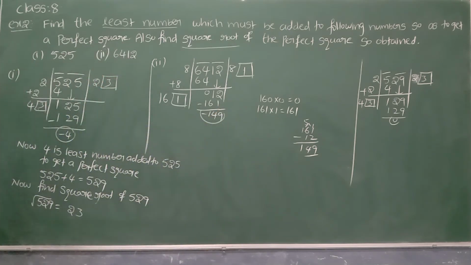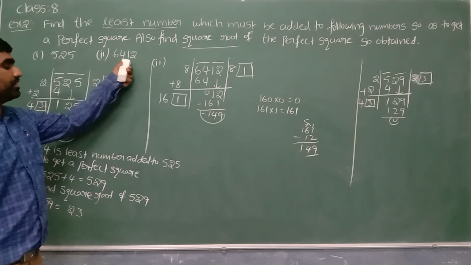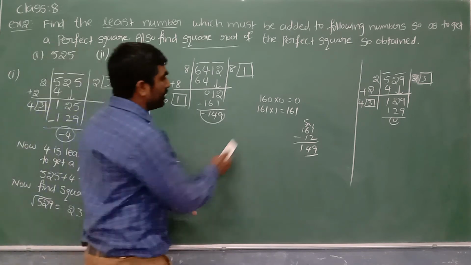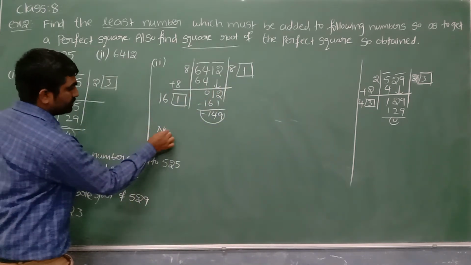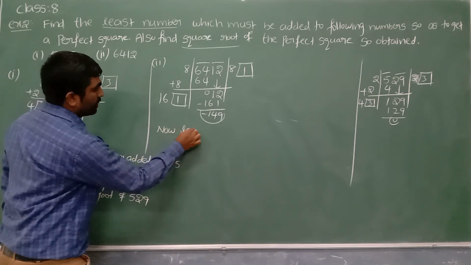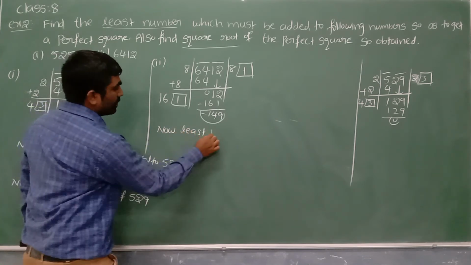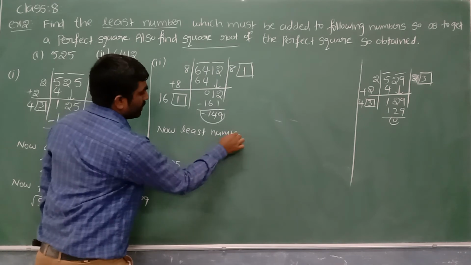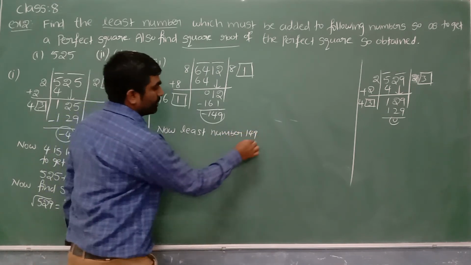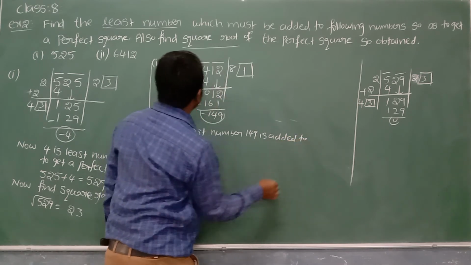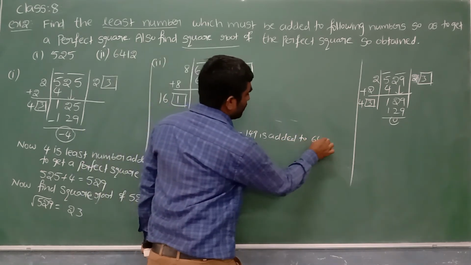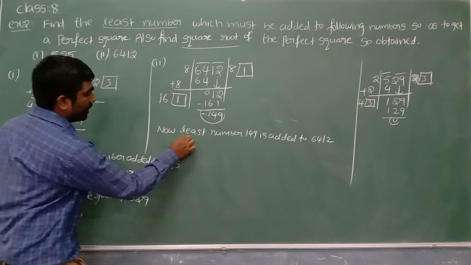Now tell me what is the least number we can add for this? 149 we can add. Yes. Now, the least number 149 is added to 6412 to get a perfect square.